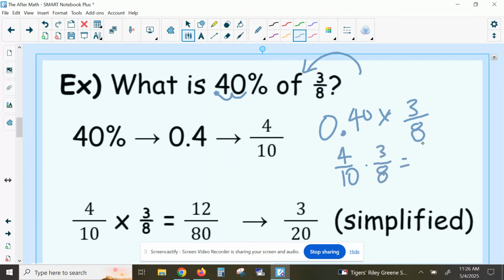You can go straight across the top, that's a 12. Straight across the bottom, that's an 80. And then you could simplify what goes into both of those. 4 goes into both. I don't know if that's the biggest, but 4 does. 12 divided by 4 is 3, and 80 divided by 4 is 20. And nothing else goes into 3 and 20 evenly. So they have the answer right down here.